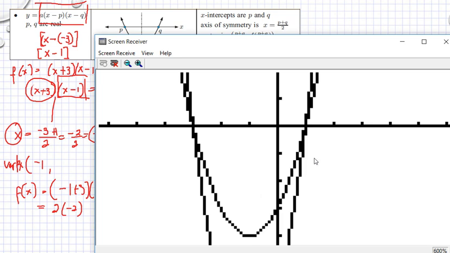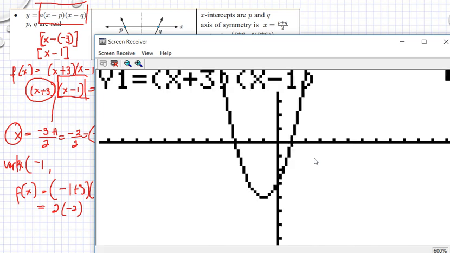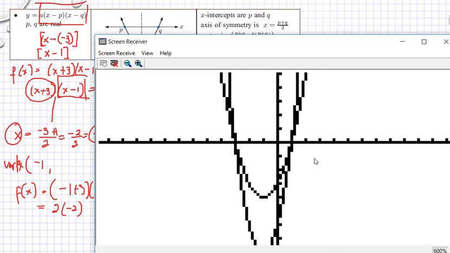Maybe I can zoom out so that you can see. Okay, you can see it now. My axis of symmetry is the same. My zeros, or my roots, are the same, but the vertex and my y-intercept are not the same.